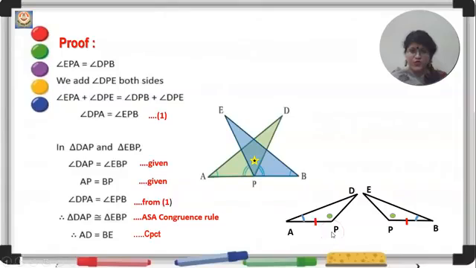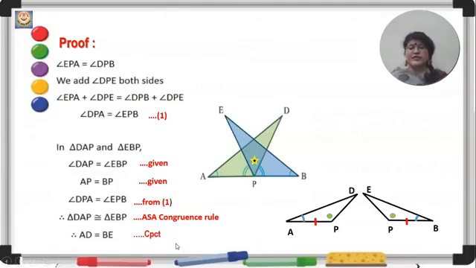And we have just proved from statement 1 that angle DPA is congruent to angle EPB. Therefore, the two triangles become congruent by angle side angle, so ASA congruence rule. And if the two triangles are congruent by ASA rule, then write down the corresponding parts of congruent triangles. Therefore, AD becomes congruent to BE because of CPCT.